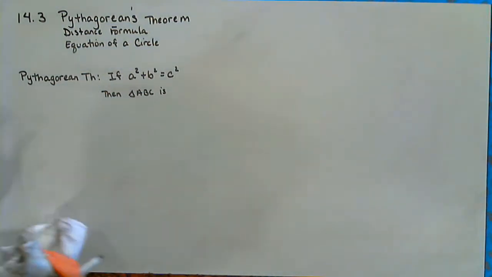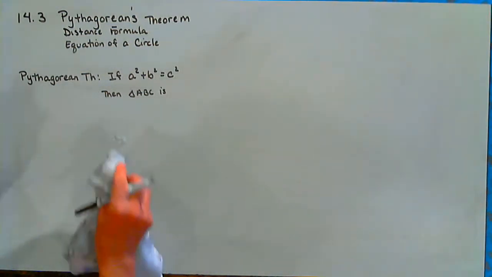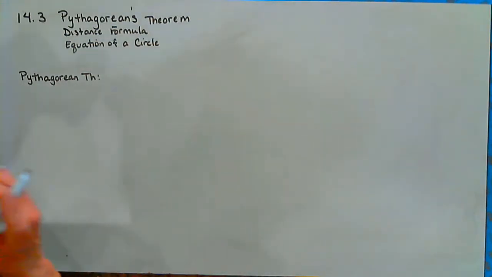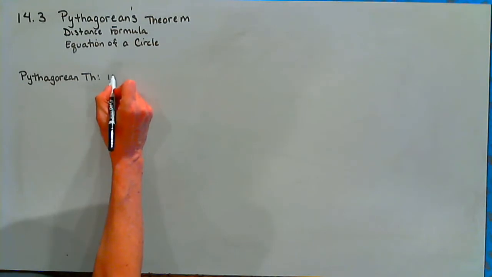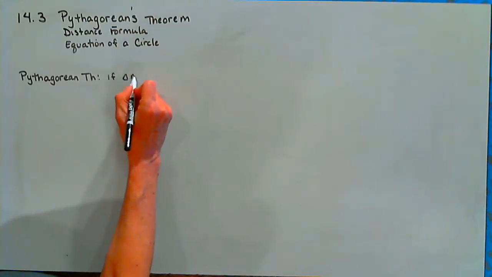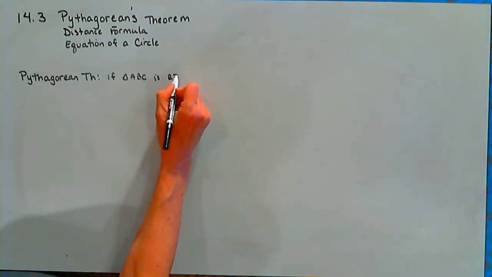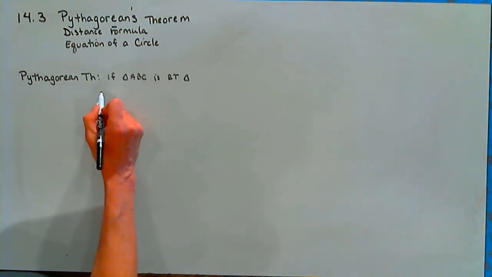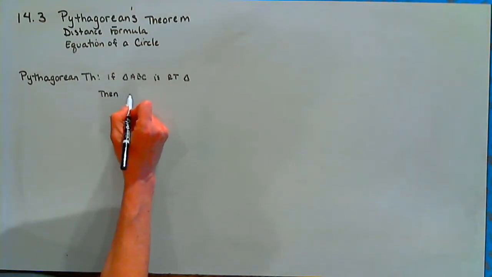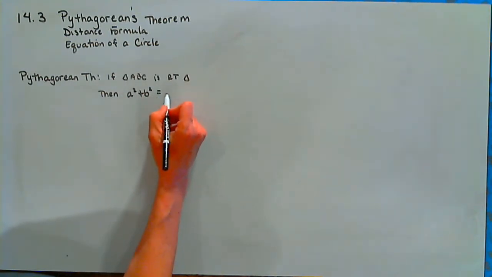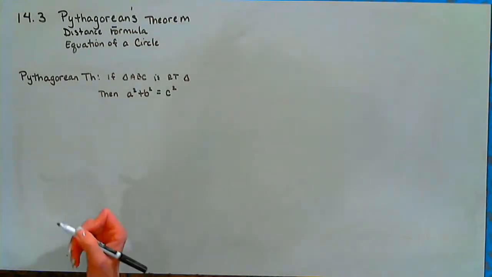Sorry guys, I just did the converse. The Pythagorean theorem says if triangle ABC is a right triangle, then a squared plus b squared, the two sides squared, must equal the hypotenuse squared.